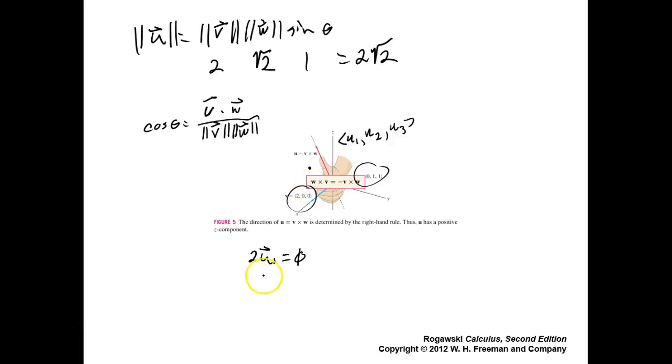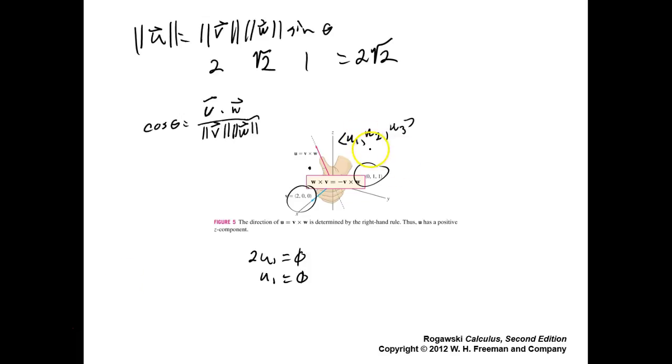So, whoops, y'all let me do that, didn't you? That was totally wrong. You don't put vector symbols over the coordinates, okay, just over the vectors. So U1 is equal to 0. So U1, the first component, has to be 0.